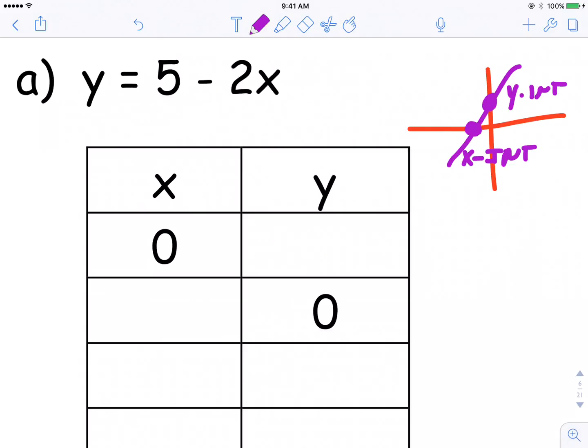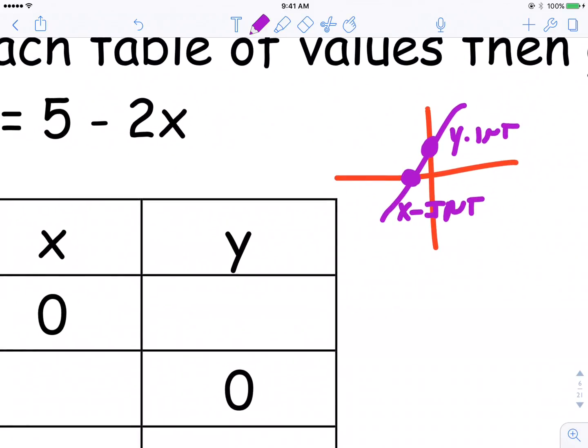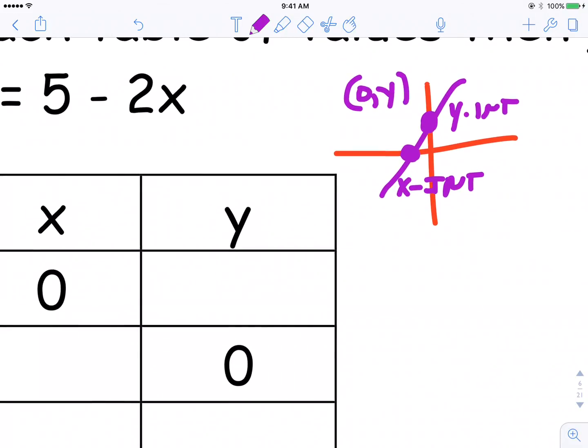Okay? These points have special characteristics. The y-intercept, this point here, is going to have coordinates 0, some value of y, positive or negative. This x-intercept here is going to have some value of x, 0.